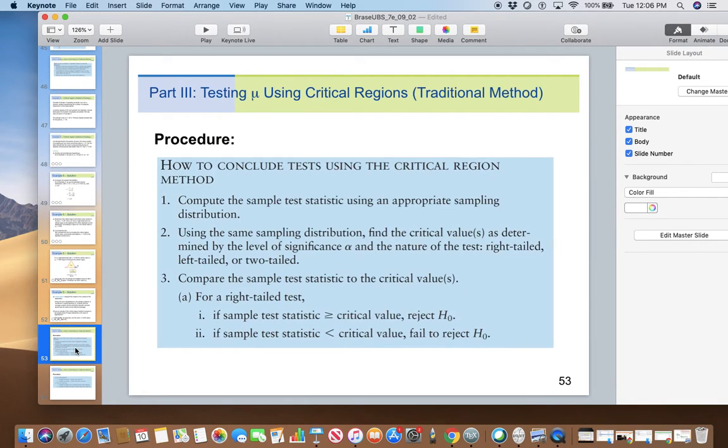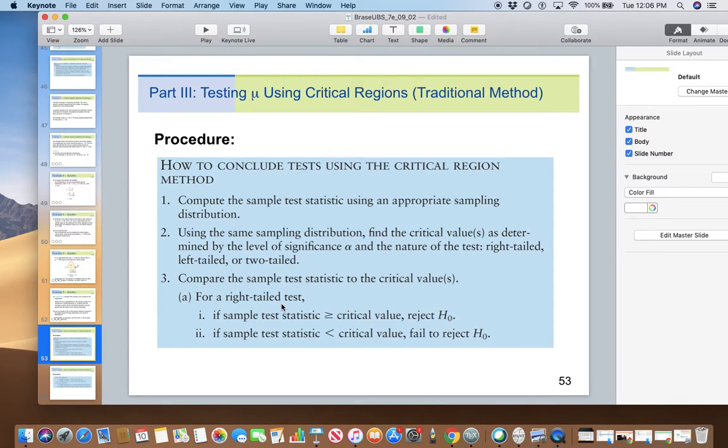So here is a summary of the procedure. Compute the sample test statistic using an appropriate sampling distribution. Using the same sampling distribution, find the critical values, be it right-tailed, left-tailed, or two-tailed.